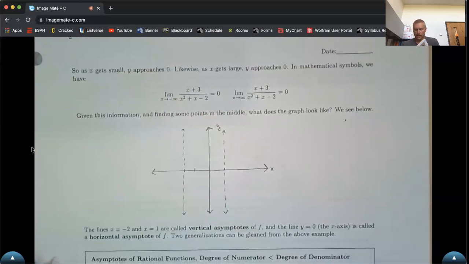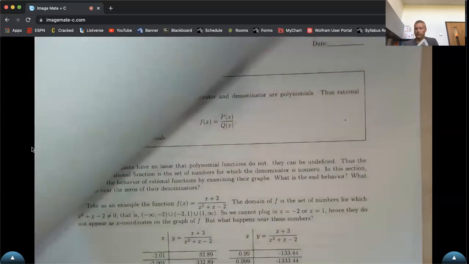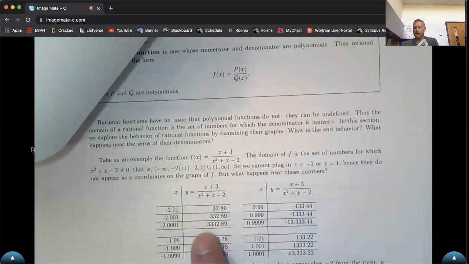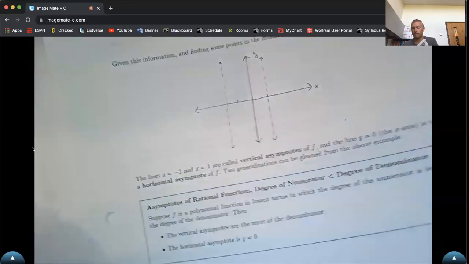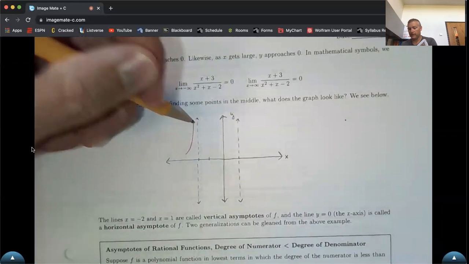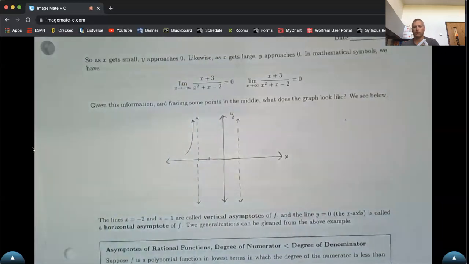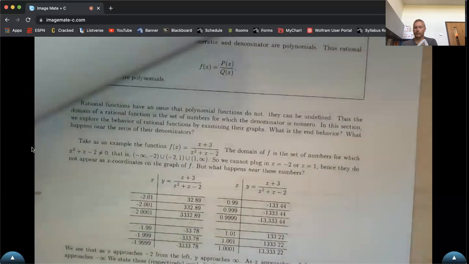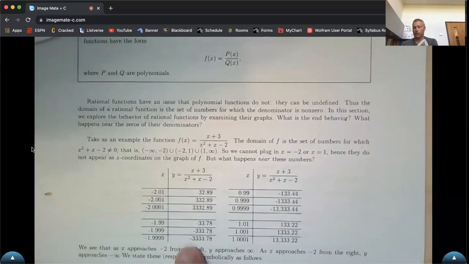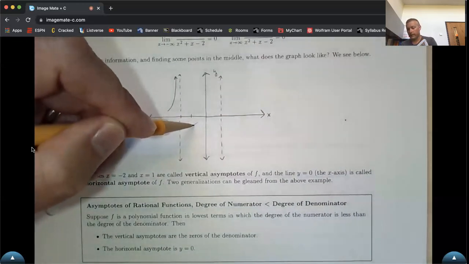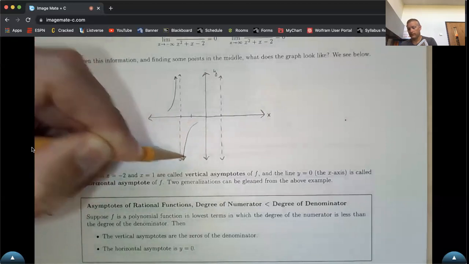Now, we said on the previous page that as we approached x equals -2 from the left side, our y's were getting very large. And so I have something like this happening as I come at -2 from the left side. As we approach -2 from the right side, we saw that the y's were getting very small. In other words, what we see happening is behavior like this as we come at -2 from the right side.